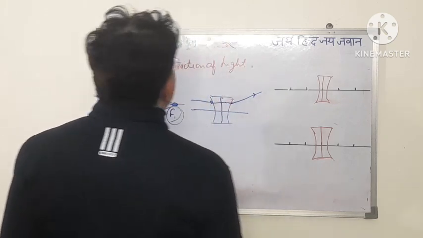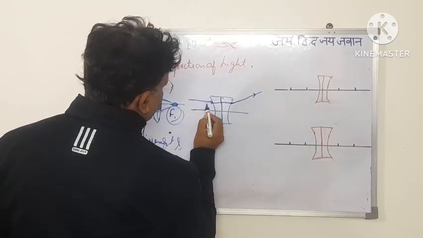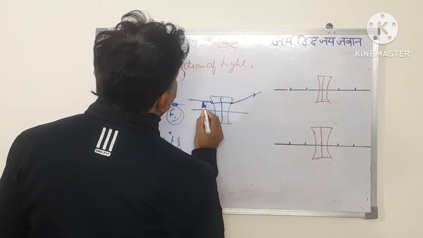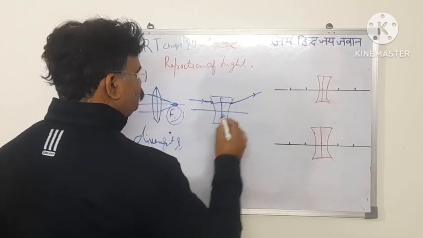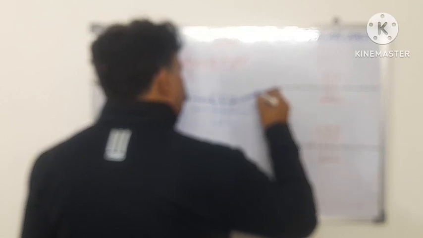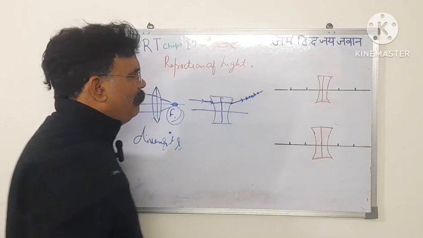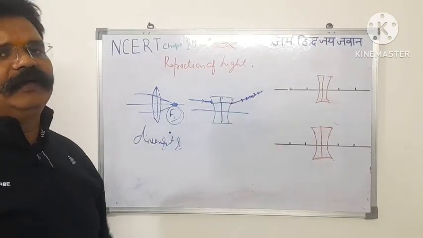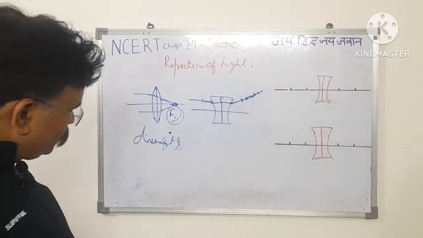So the light coming parallel to the principal axis will be diverted outward, away from the principal axis.